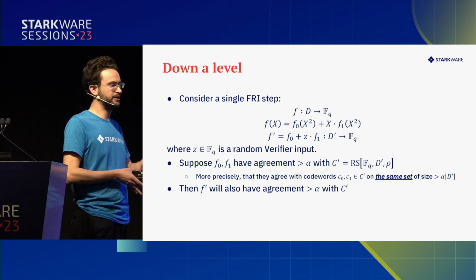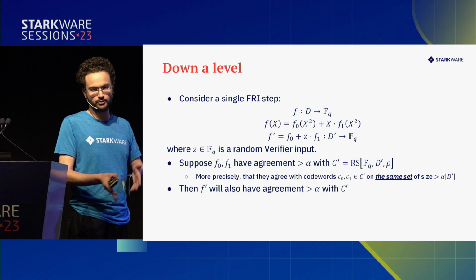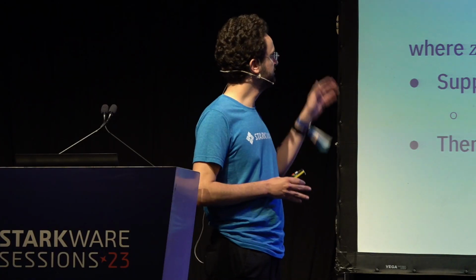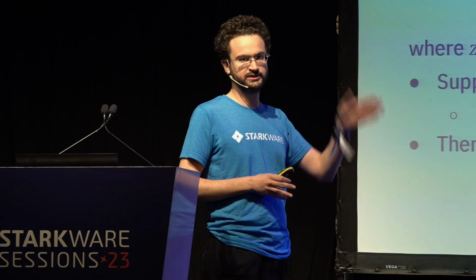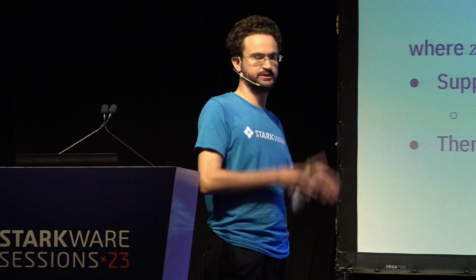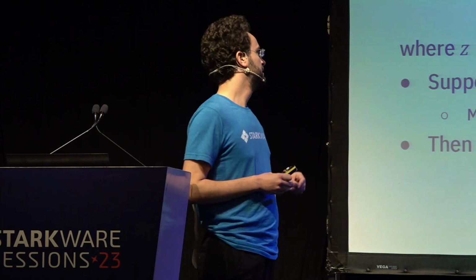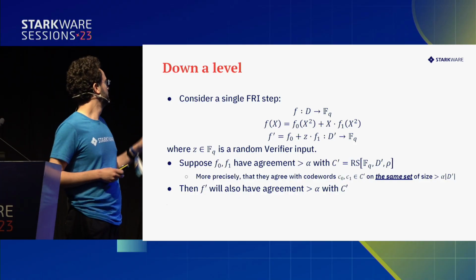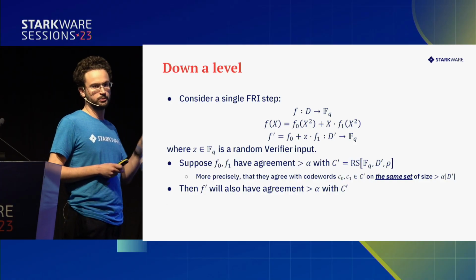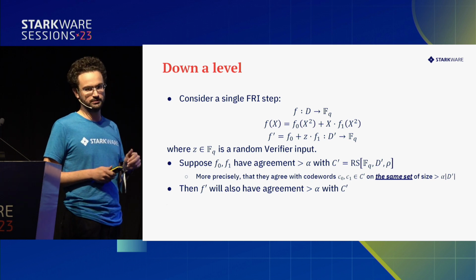And if we have different functions, then they can agree with different code words on different sets. And here we want f0 and f1 to agree with code words c0 and c1 on the same set of size greater than alpha times the size of d prime, so that every combination of f0 and f1 will also agree with a combination of c0 and c1 on the same set.